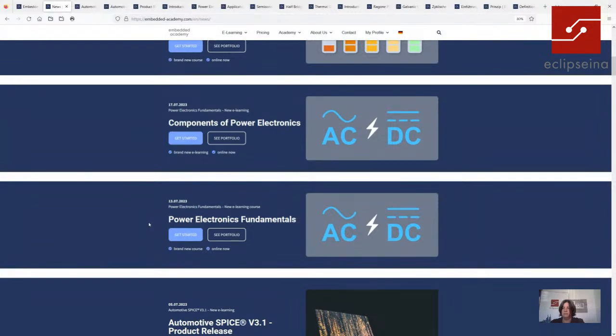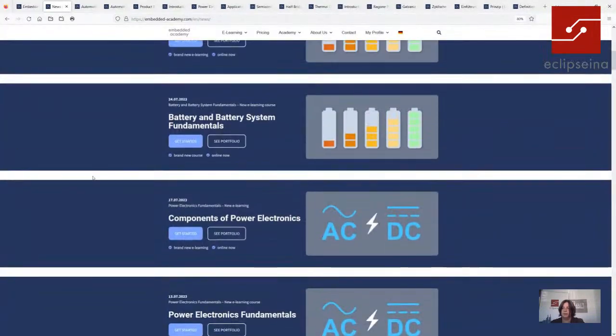And then the next part of it, so there are 4 e-learnings inside. The second e-learning was components of power electronics. This is considering especially the power switches like MOSFET. Then we introduced battery.